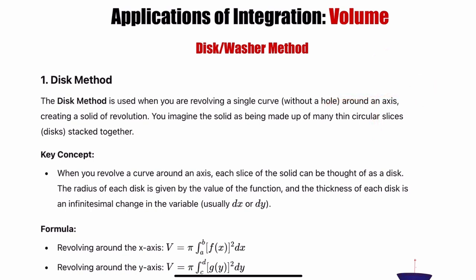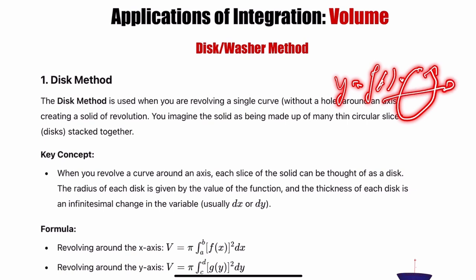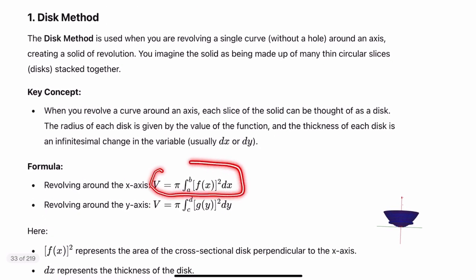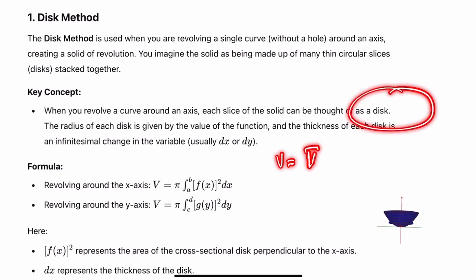Revolving around the x-axis, if you have a function f of x, the volume V of the solid formed by revolving the function around the x-axis between a point A and the point B is given by this formula. This formula came from the volume of any disk, which is pi r squared multiplied by the thickness of that disk.